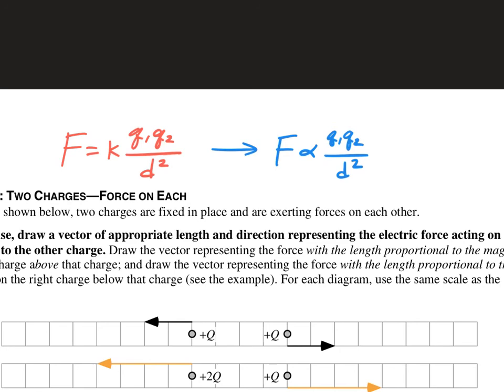So plus-plus configurations and minus-minus configurations go away from one another. All right? Because they repel. But if it's opposite charges, they have to go at each other because they attract. So there's the arithmetic of it, and then there's the vectorness of it. And vectors aren't arithmetic. Not even close, unless they're all along the same line.